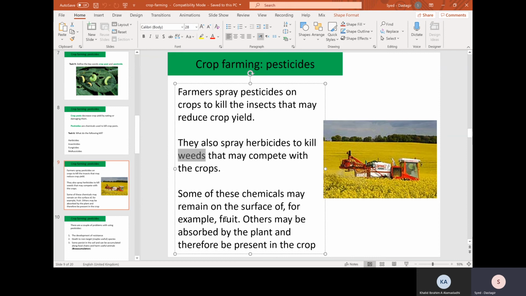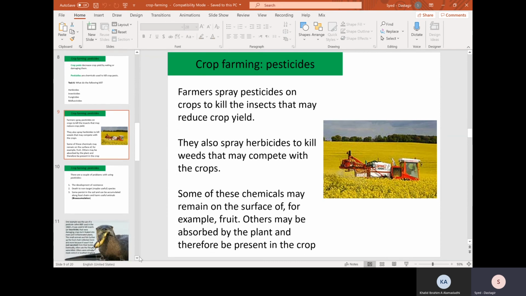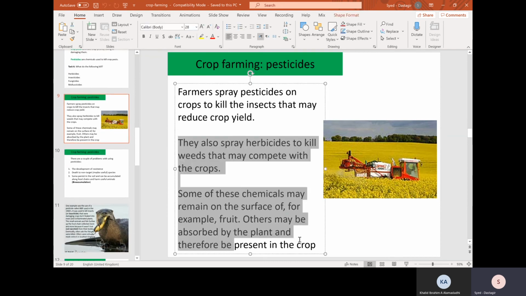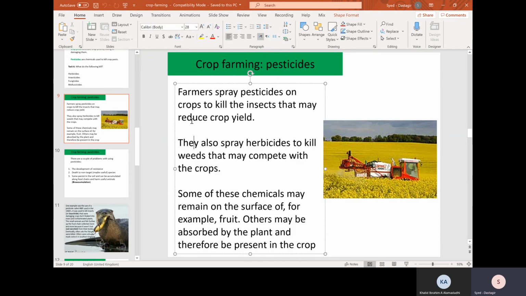So these are unwanted plants, and some of these chemicals may remain on the surface, for example on fruit, while others may be absorbed by the plant and be present in the crop. Organic means natural, and if pesticides are used, you wouldn't deem those crops as organic.